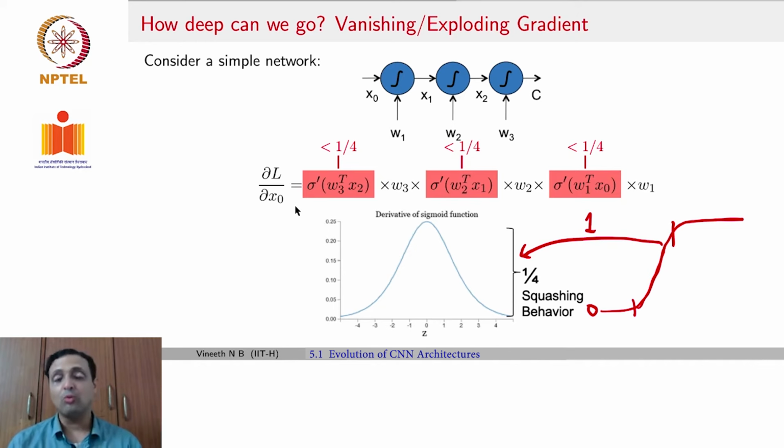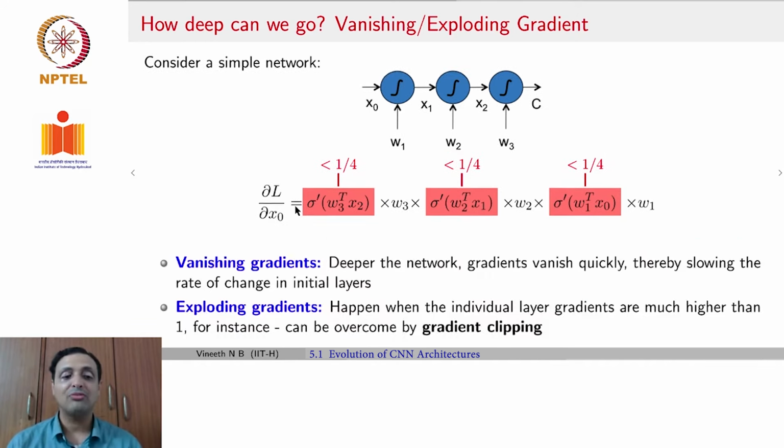The product of very small values will quickly go to 0, and you have the problem of what is known as vanishing gradients. As you go deeper and deeper into a neural network, especially if you have such squashing activation functions, the gradients are less than 1, and as they get multiplied over the several layers during backpropagation, the gradient becomes feeble and feeble as it proceeds towards the initial layers.